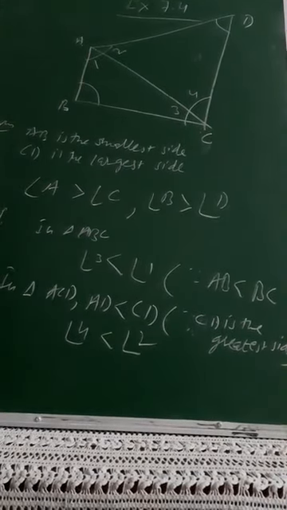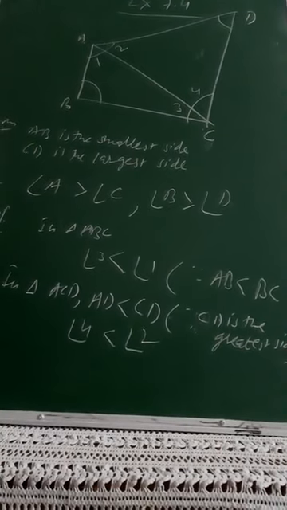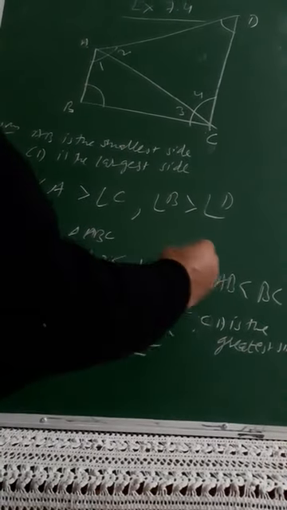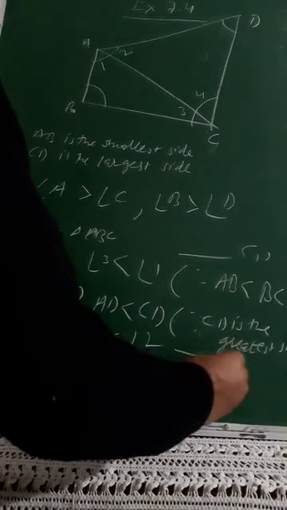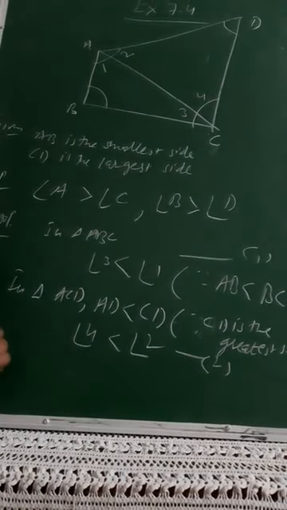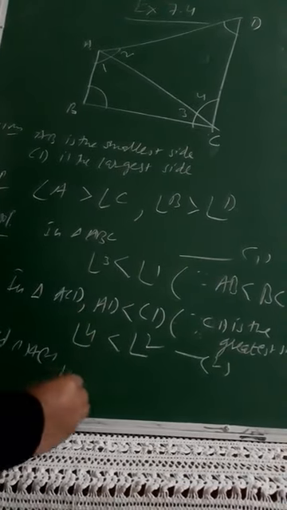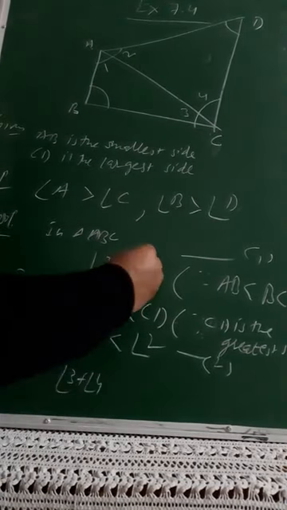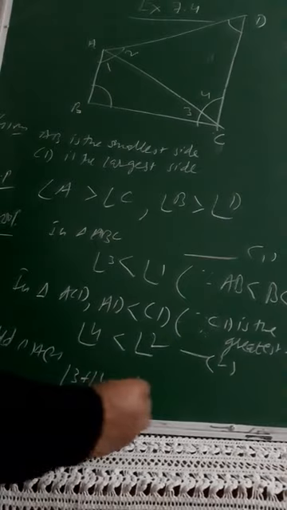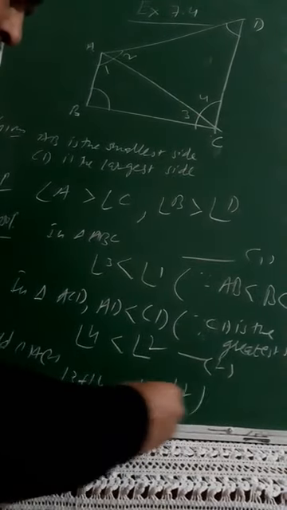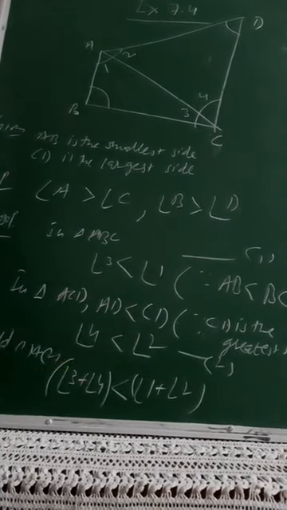Angle 4 is less than that of angle 2. Now, if this is number 1 and this is number 2, again you add 1 and 2. If you add 1 and 2, this becomes 3 plus 4 in relationship less than with respect to angle 1 plus angle 2. You can keep these inside the brackets.